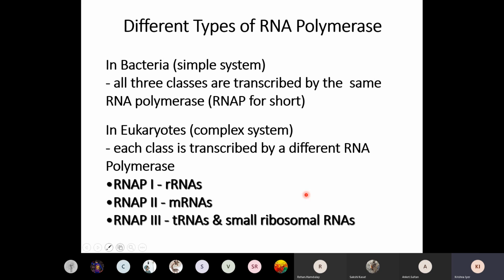Okay, and this is called RNAP, RNA polymerase. In eukaryotes, each class of RNA is actually very specifically made by a different RNA polymerase.